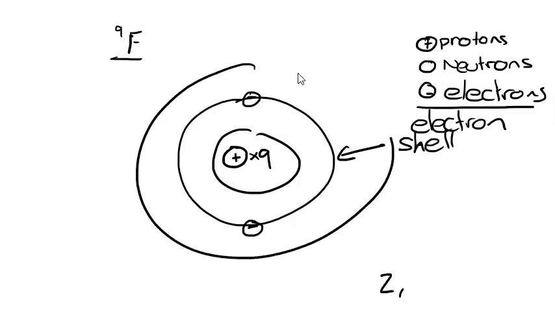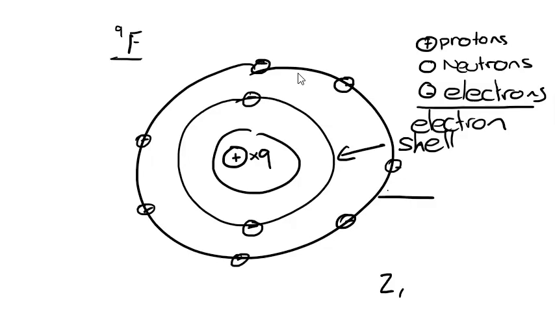It's a terrible circle. Here we go. So now we've used up 2 of our 9, because we've got 9 electrons in this case. So we're going to use up 7 more around this next shell. 1, 2, 3, 4, 5, 6, 7. So we've got 7 electrons in the outer shell of this fluorine atom. This is the outer, or you might hear valence, shell.